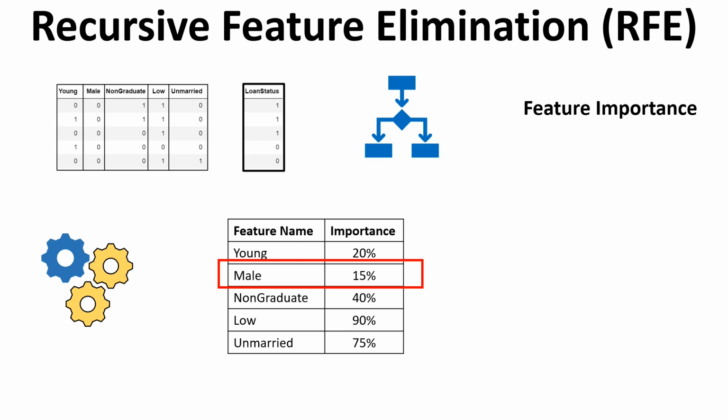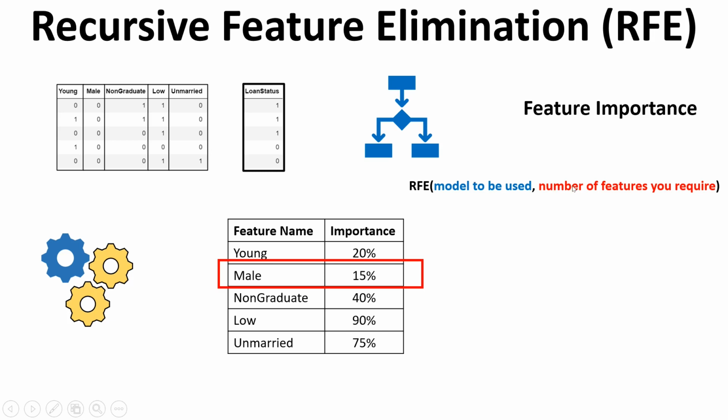So how exactly does it work? When you train the RFE, it takes 2 parameters. One is which model you want to use for this RFE, which is recursive feature elimination, and then how many features exactly you want to be selected out of this entire process. So let's say here I have 5 features, and out of that I want to select the 3 most important features.